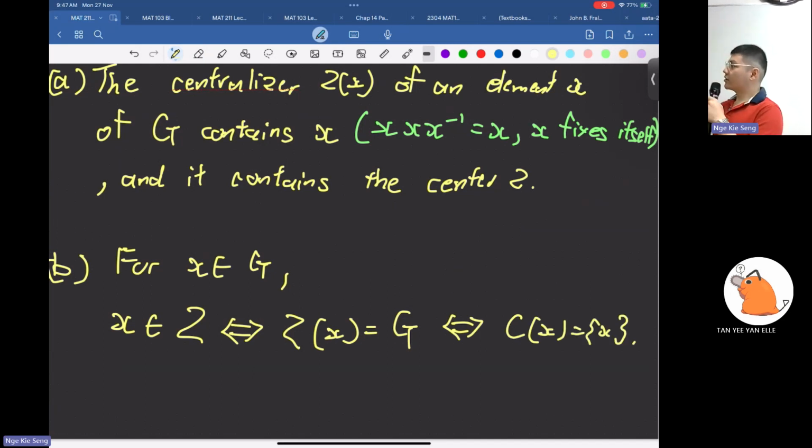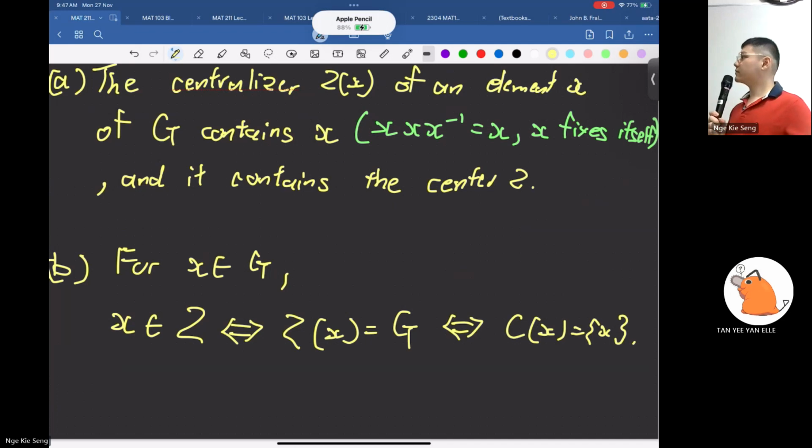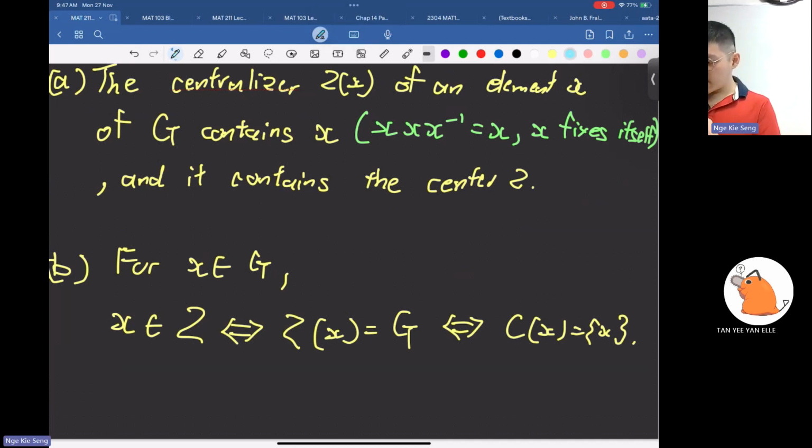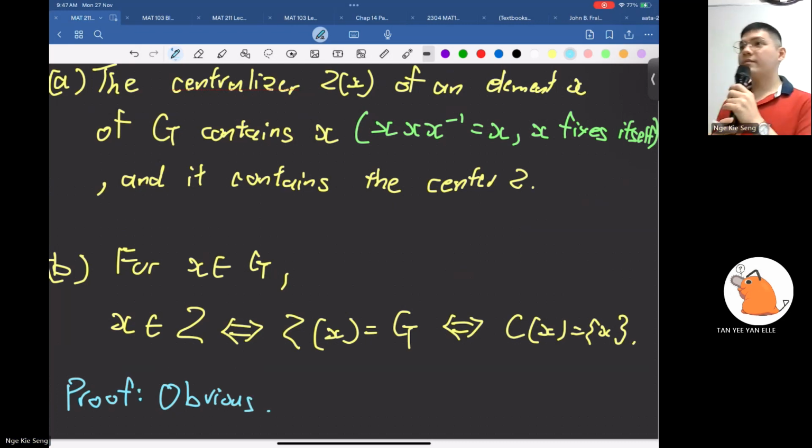Okay. So this is the if and only if statement here. You can try and prove it. You can lay out every definition, and it is kind of trivial or obvious. You can try it out. Is it okay?